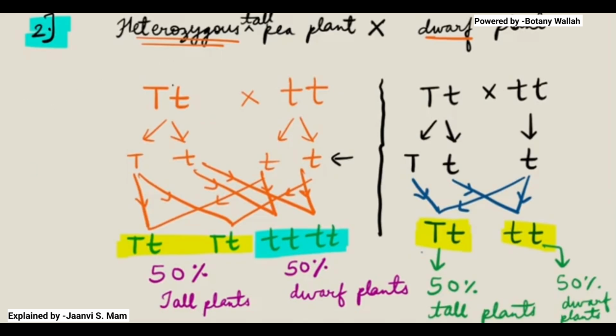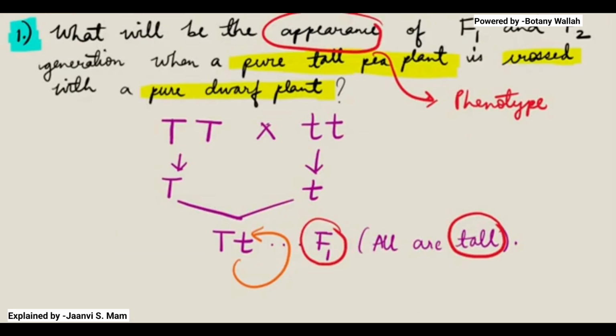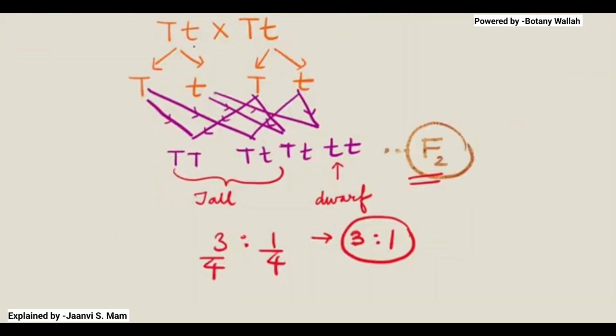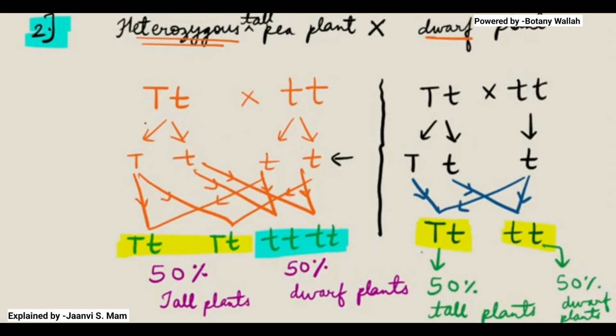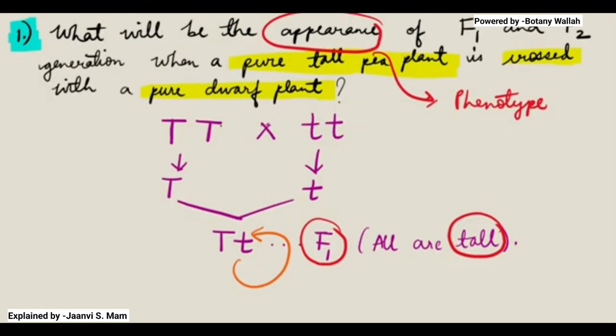Now we have taken heterozygous with dwarf. We have also done heterozygous with heterozygous, and this was heterozygous with tall. And the thing which we had done here was homozygous with dwarf. So 3 things we have studied here.